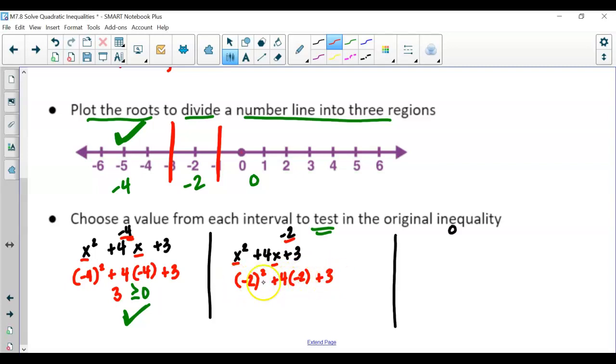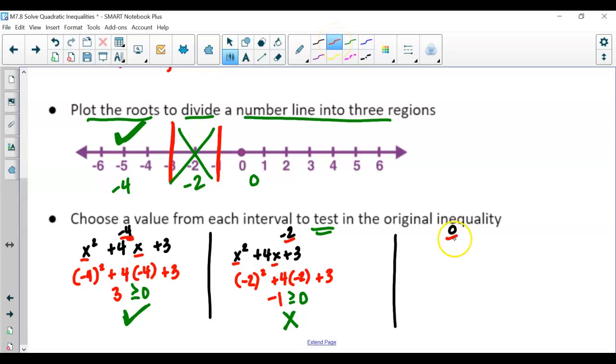We simplify and get negative 1. Going back to the original, is negative 1 greater than or equal to 0? No. So this section is not a solution.